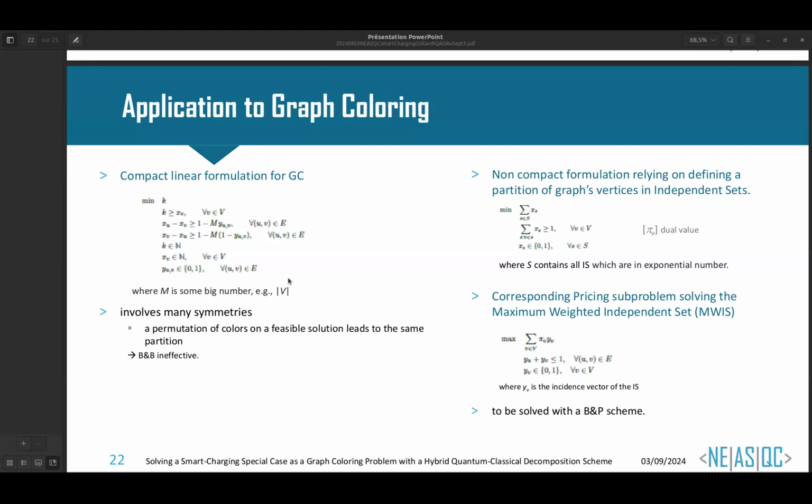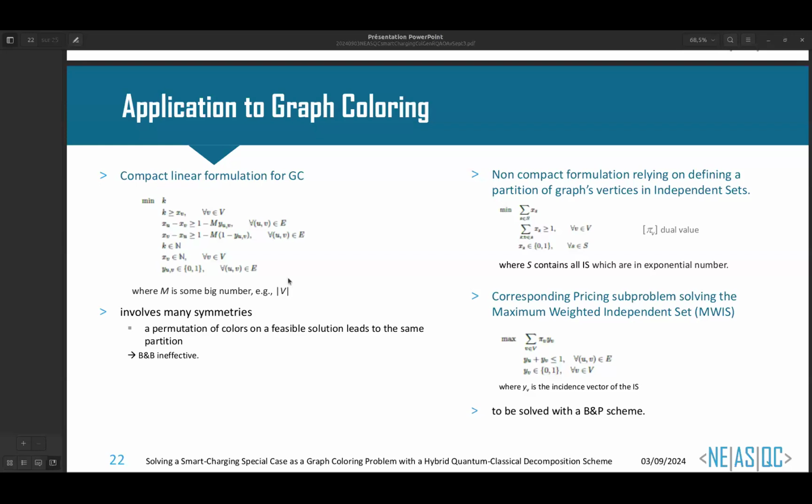To give you an idea, a permutation of colors in a feasible solution leads to the exact same partition. So the branch and bound is quite ineffective. For this reason, it's just impossible to use this formulation. But if we want to still have a compact linear formulation, there's no other way around.